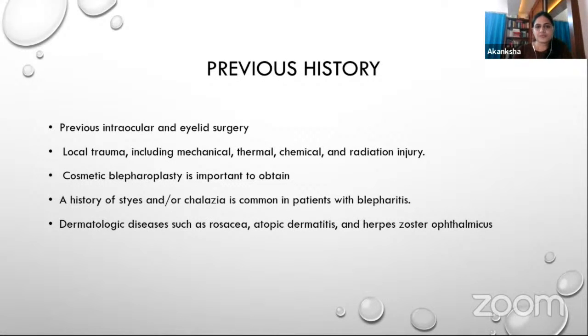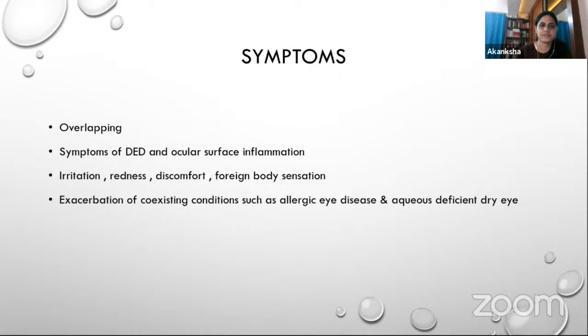If you see a patient of blepharitis, always ask for a history of any previous surgery, any trauma, including mechanical, chemical, or radiation injury, any eye surgeries like blepharoplasties. You can ask for a history of recurrent styes and chalazions because that's very common, and also ask for any history of dermatological diseases such as rosacea, atopic dermatitis, etc., and if they are on any treatment systemically for the same.